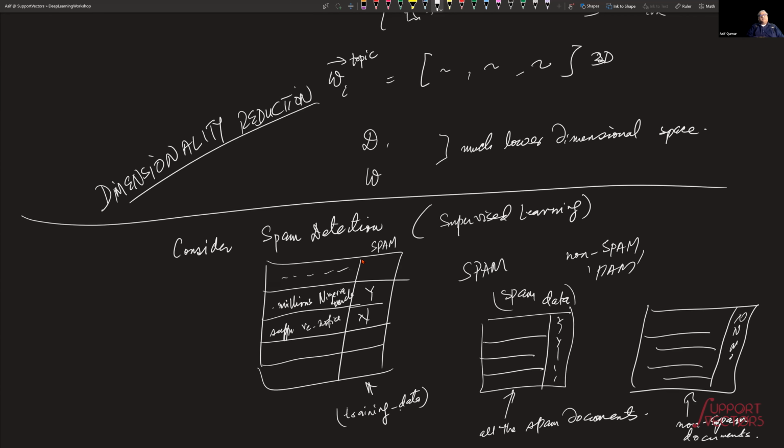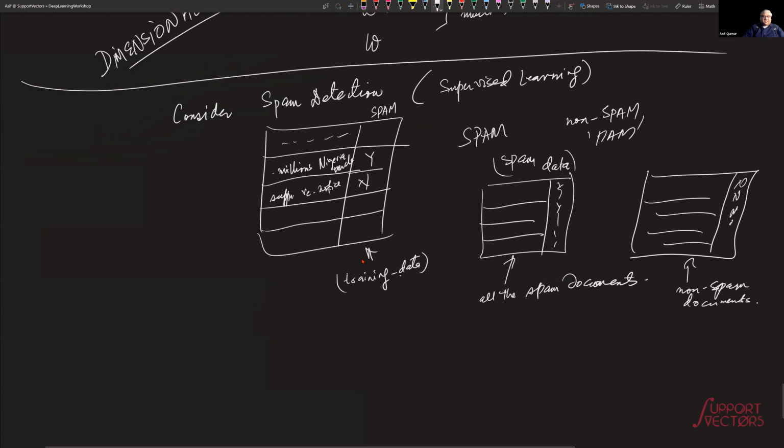And what can you do now? What you can do is hypothesize that, let's look at the word vector for each of these. So you take the word vectors W1, W2, WK of only the spam. Are we together?